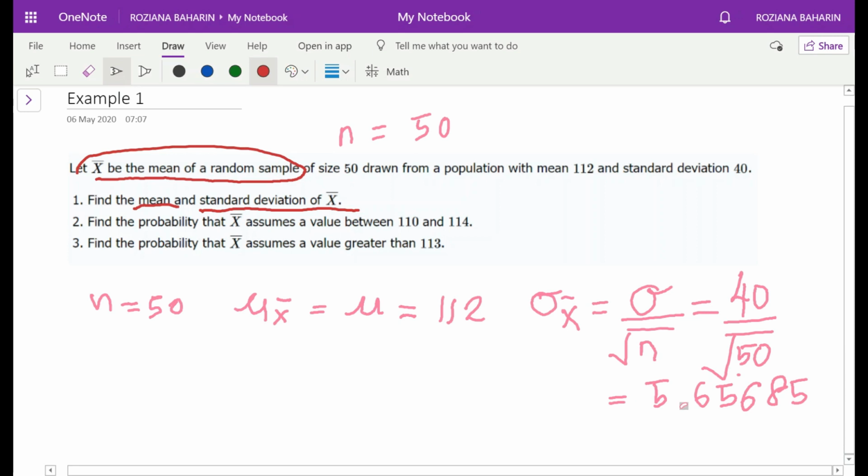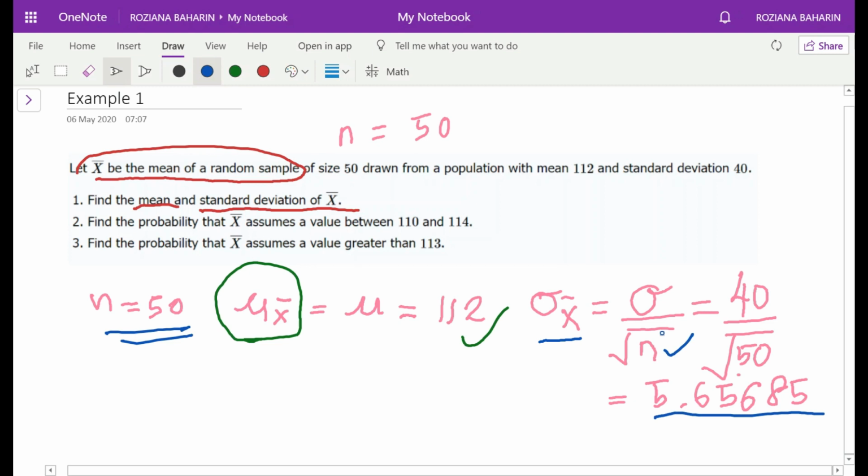That's why we use this notation, mu of X bar here, but we know it equals mu of the population as well by definition, and it equals 112. And the standard deviation of X bar, the notation, equals the standard deviation divided by the square root of the number of your samples, which is 50. So we get this, and we have already answered the first question.